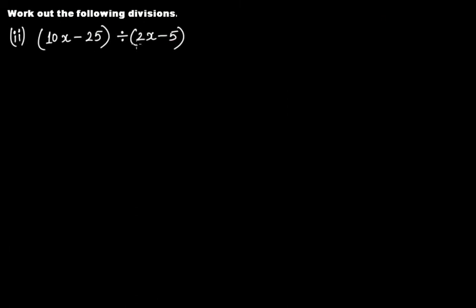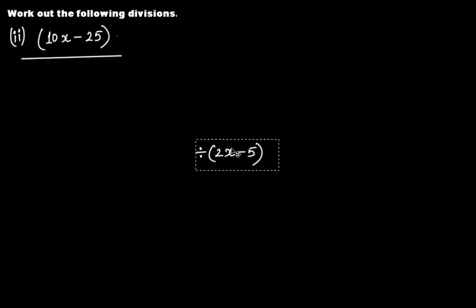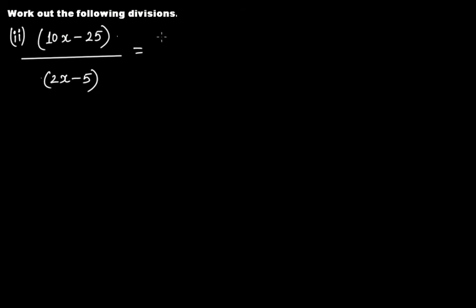10x minus 25 divided by 2x minus 5. So you have to perform this division, and now in this case if you write this as 5 multiplied by 2 multiplied by x minus 5 multiplied by 5, and this is 2x minus 5. Now the factor 5 is common in these two terms.